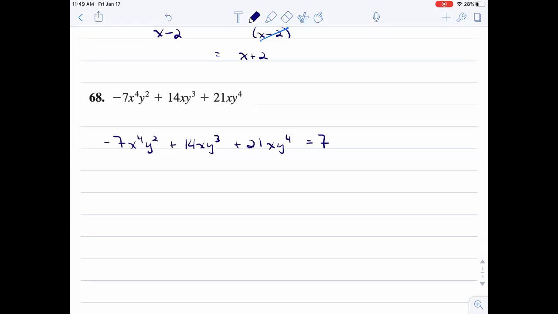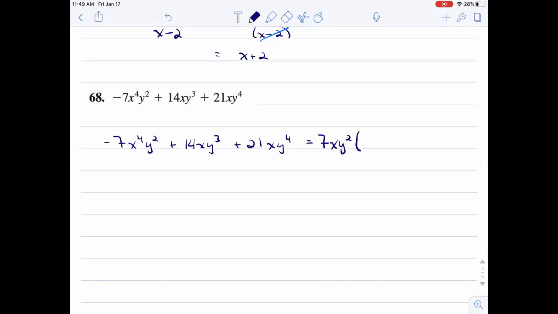But each of these terms has at least an x to the power of 1. So I'm going to just pull out 7x and then do the same thing for the y's. Y squared, I can pull out a y squared, I can pull out a y squared. And so 7xy squared. And then all that's going to be multiplying whatever's left over.